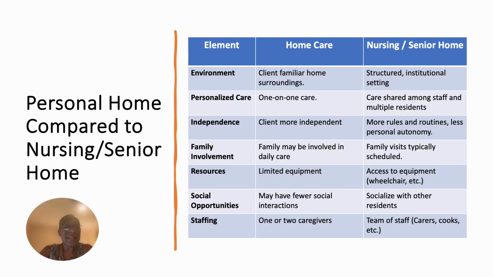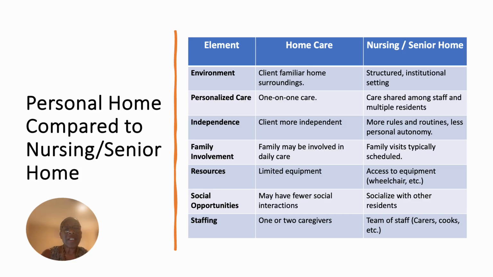Here we will discuss personal home compared to nursing or senior home care. For instance, related to the environment, in home care, of course, the client remains in their familiar home surroundings compared to a nursing or senior home that is structured and like an institutional setting, such as the Top Hill Senior Home.